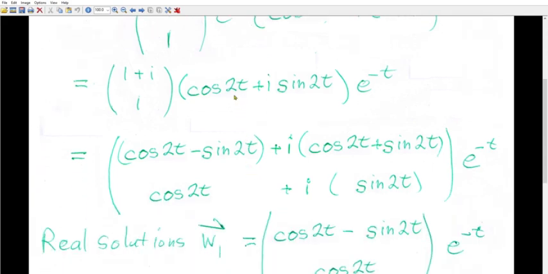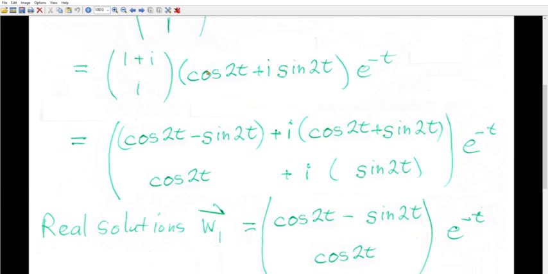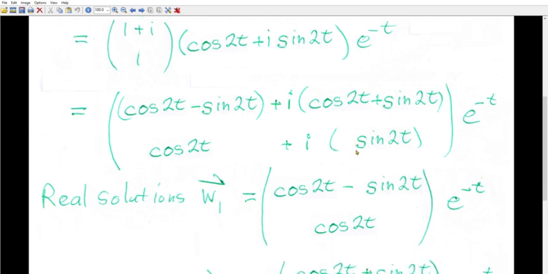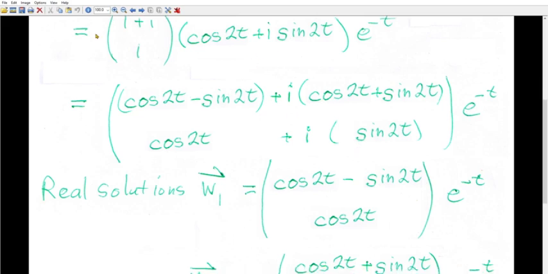In the real part, you've got a cosine 2t. You've got i sine 2t times i, which gives you a minus sine 2t. In the imaginary part, we've got a cosine 2t times the i, and we've got an i sine 2t times the 1, giving us those terms. Then cosine 2t times 1 is the real part down here, and i sine 2t times 1 is the imaginary part. And now our real solutions are just going to be the real part and the imaginary part.